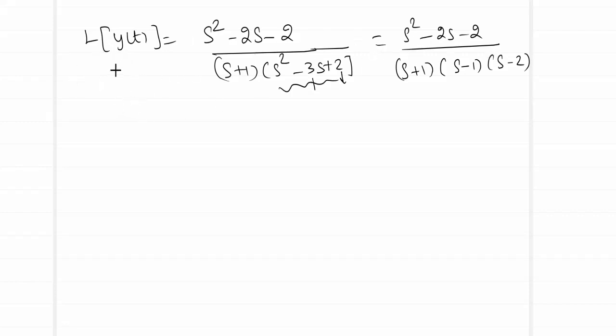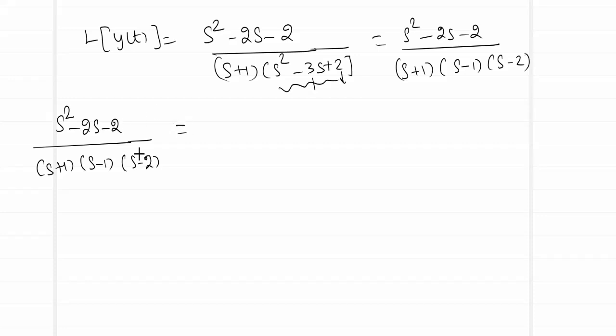Now what I want is to solve for this expression. So I will take this expression, (s square minus 2s minus 2) divided by (s plus 1)(s minus 1)(s minus 2), and use any of the techniques I have known.